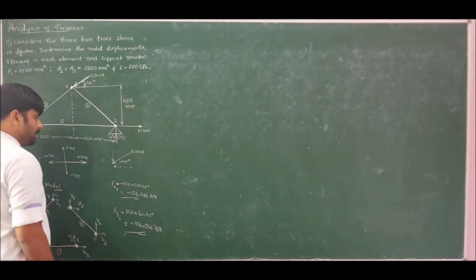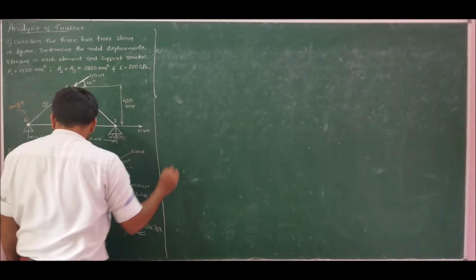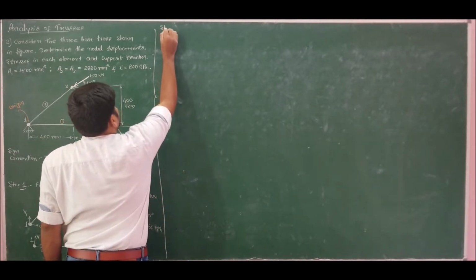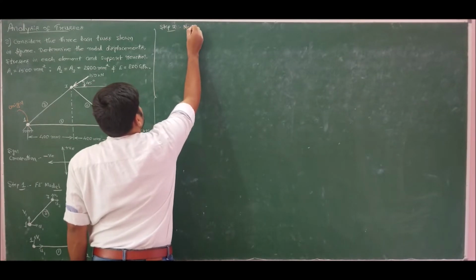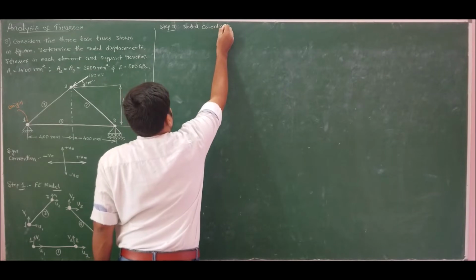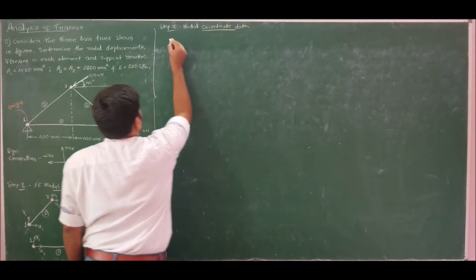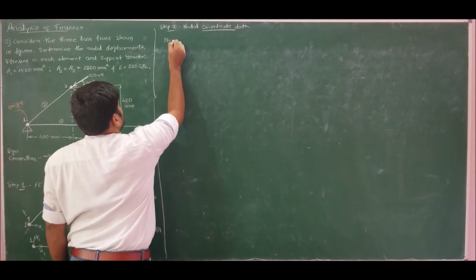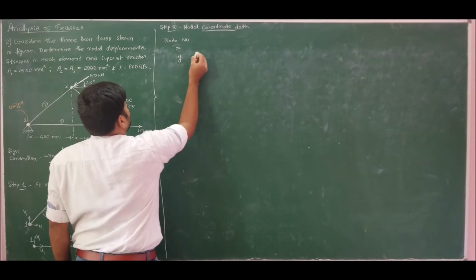Now moving ahead to step 2, that is nodal coordinate data. First we have node number, its value in x direction, its value in y direction.